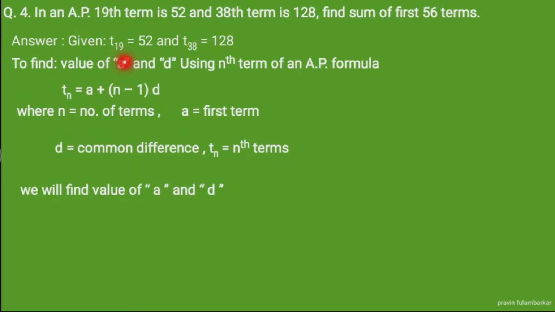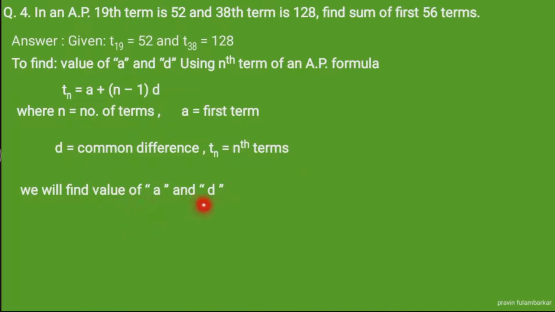So for the first term, T19 is given as 52. For this formula, n equals the number of terms, A is the first term, D is the common difference, Tn is the nth term.